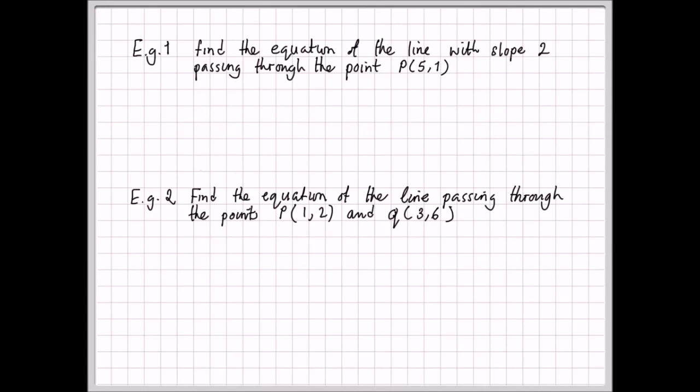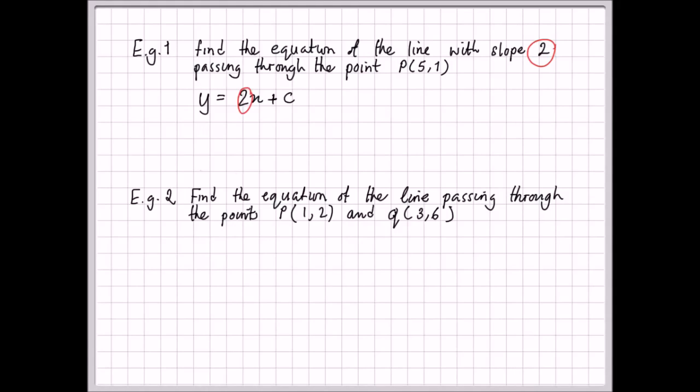In the first one, we want to find the equation of the line with slope 2 passing through the point P (5, 1). So we'll start by writing down y is equal to 2x plus c. And of course the reason we know that this is 2 is because we're told that the slope or the gradient is 2. Next we have to find the value of the constant c.